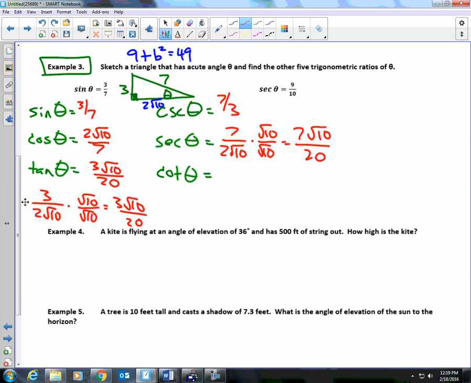I would flip that to find cotangent, but hold on, I don't want to flip that. What should I flip instead? Flip that instead. So when I flip that, I get 2 roots of 10 over 3. Again, I'm just trying to show you ways to save time and try to refrain from making mistakes. Not too big of a deal, right?